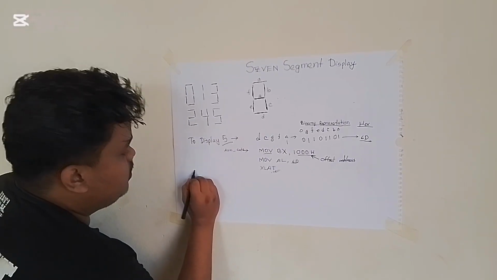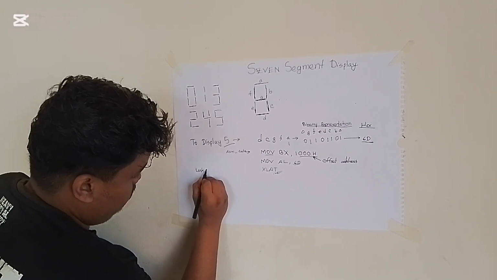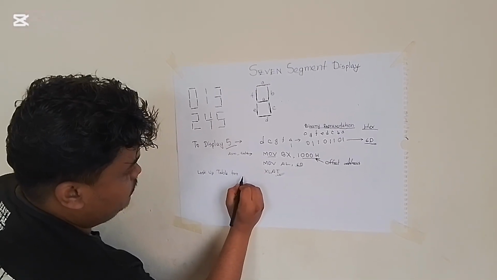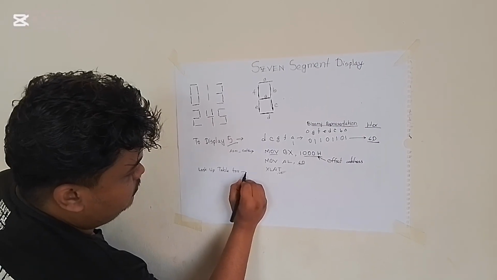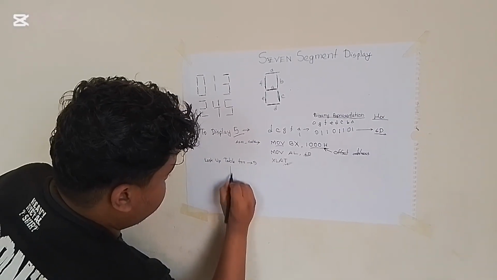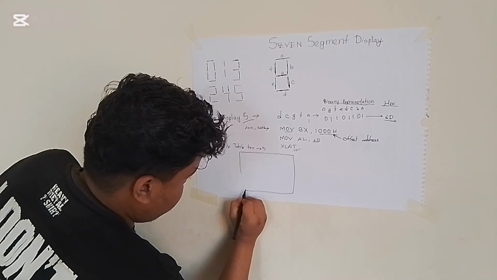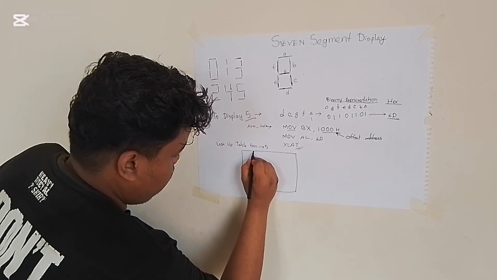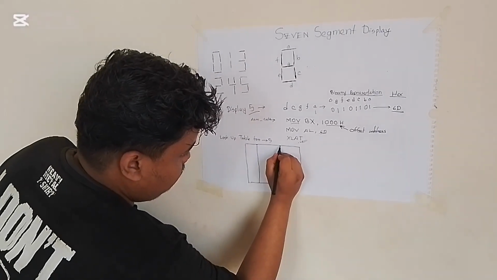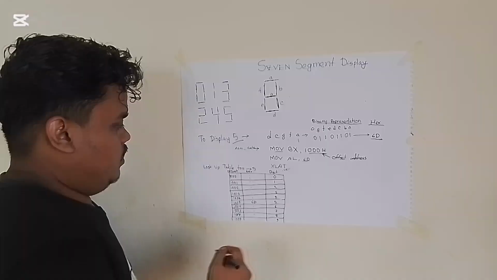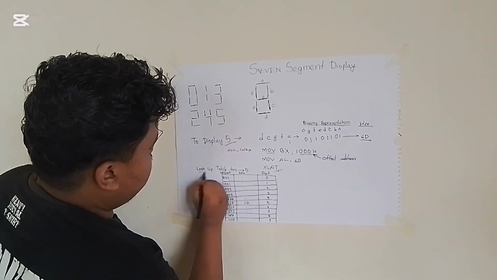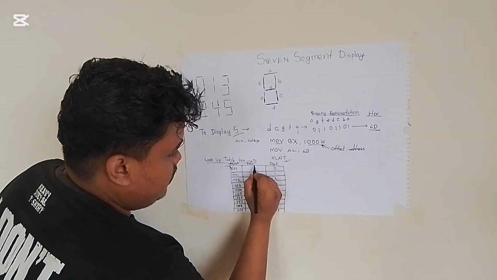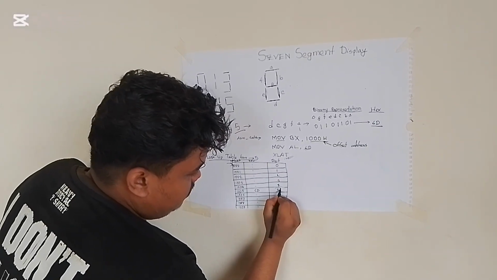Now we write a lookup table for 5. In the lookup table for 5, here are the offset address, the hexadecimal value and the digit for 5.